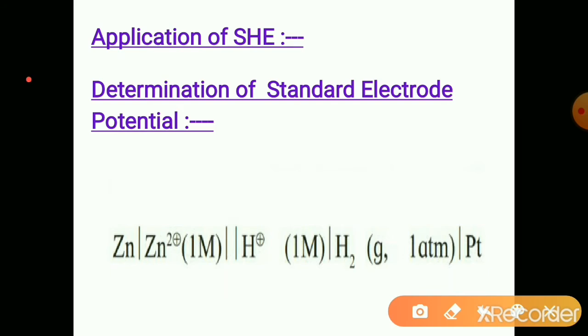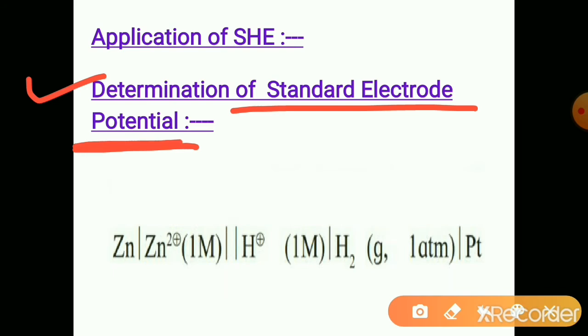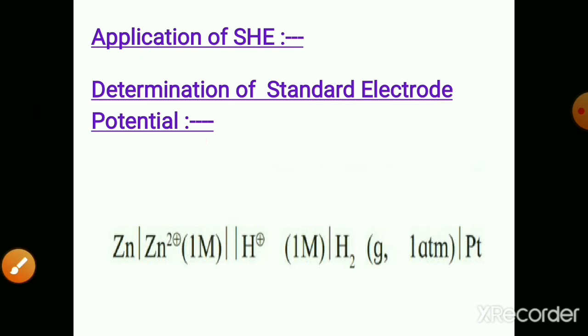So electrode potential can be determined by using the SHE, the standard hydrogen electrode.